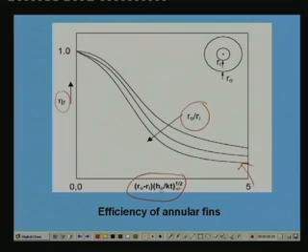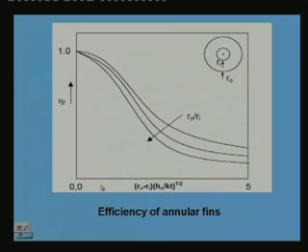In the expression on the x axis, h naught is the convective heat transfer coefficient on the fin surface, k is the thermal conductivity of the fin material, and t is the thickness of the fin. These kinds of charts are available. So, if you know r naught and ri and the thermal conductivity, thickness and heat transfer coefficient, you can find out the fin efficiency. This is how the fin efficiency of a plate fin is obtained.